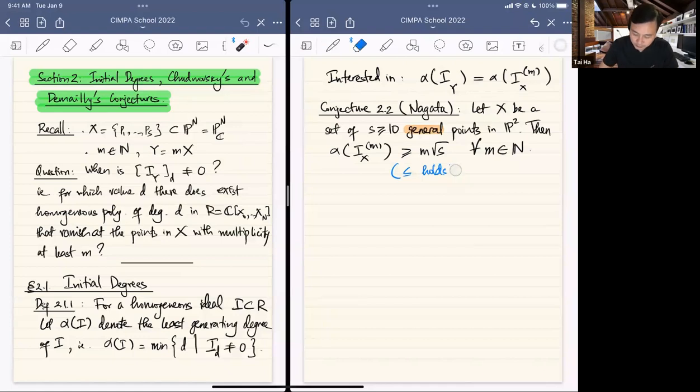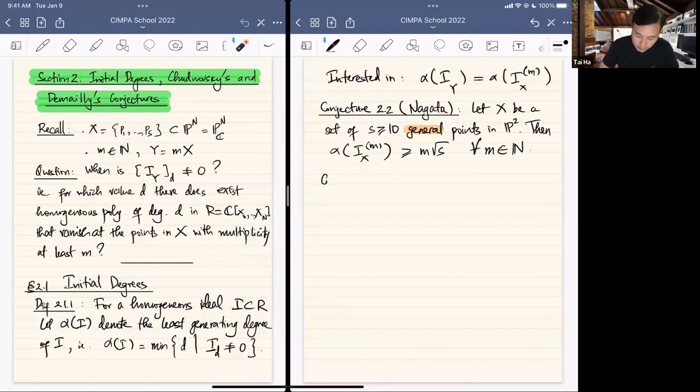I'm sorry, that can't be true because the left hand side has to be an integer. Sorry for that. Nagata's conjecture is for P2, and is still very wide open.